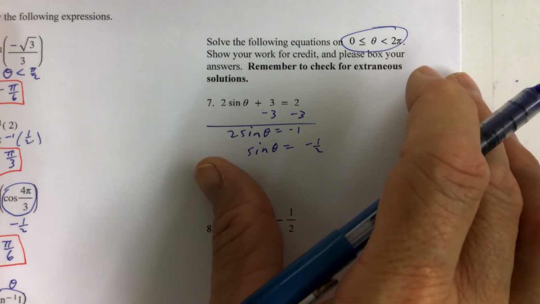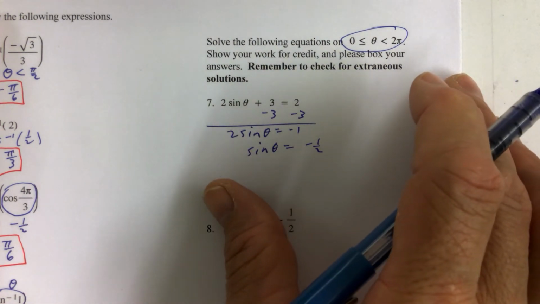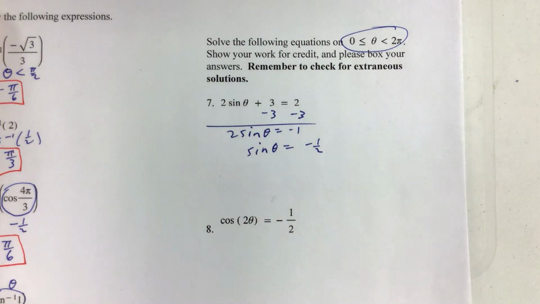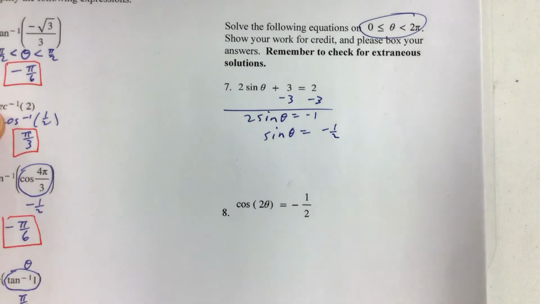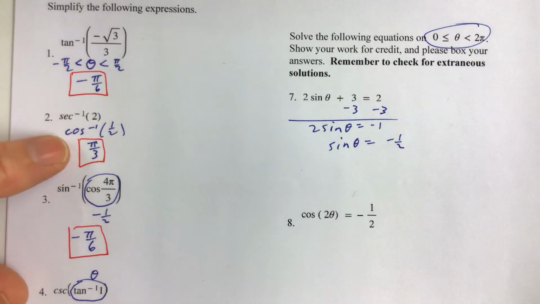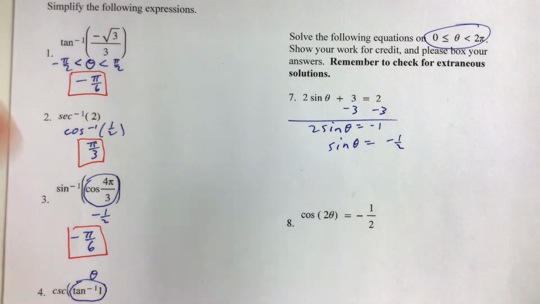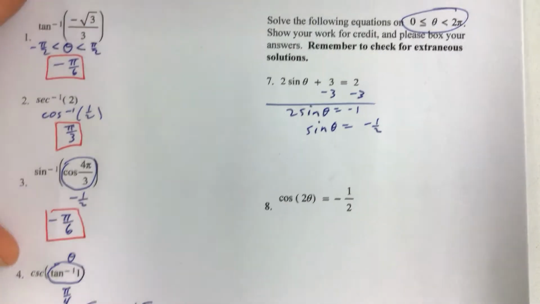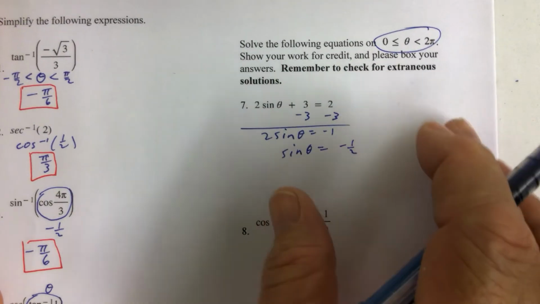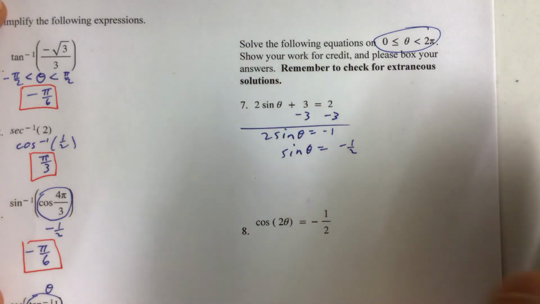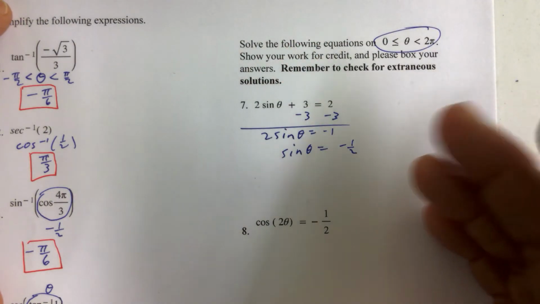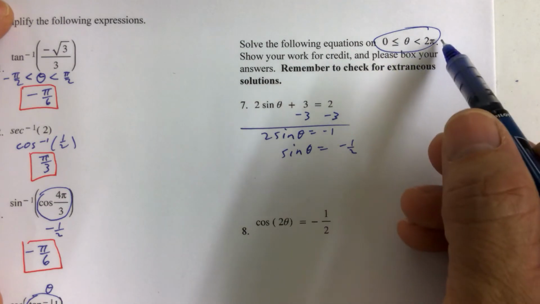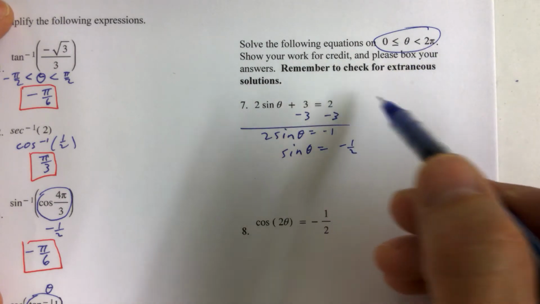This is different. I just want to point that out, and I explained this as well in the first version 1 videos, that inverse trig expressions have one value. Always. An inverse trig expression is only one value. But when we solve equations, even though we're still dealing with trig, we're trying to find all the angles that are in between 0 and 2 pi that make the equation true.